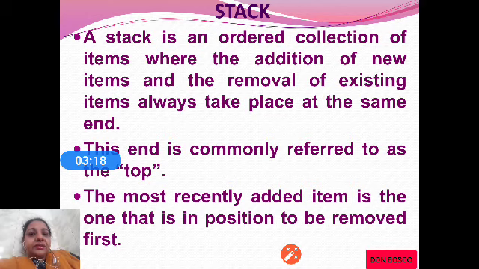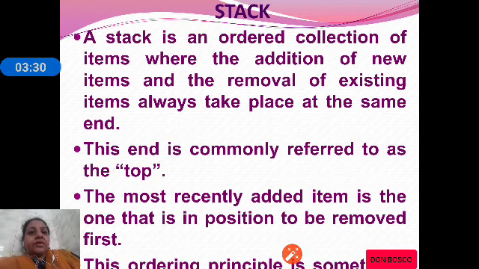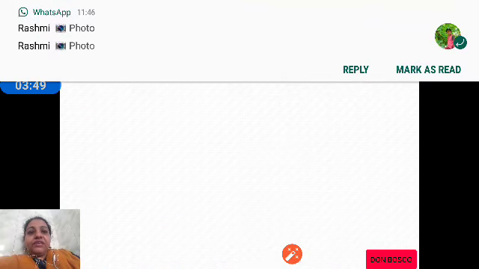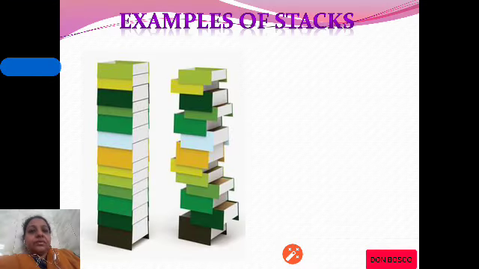In a stack the last item added, that is the most recent one, is the first item to be removed or deleted. This ordering is called LIFO. LIFO means last in first out, which means the last element added will be the first element to be deleted.